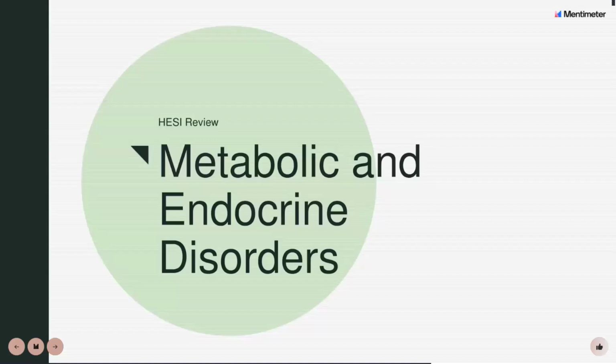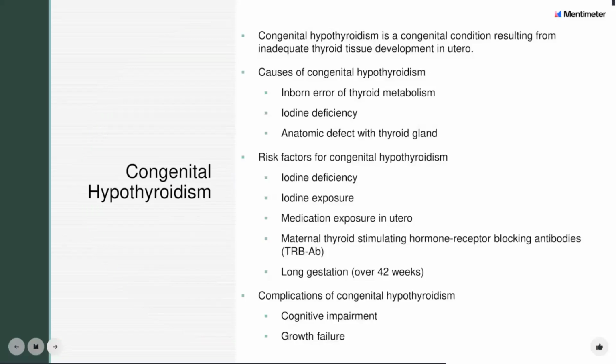So the last thing we have to review are metabolic and endocrine disorders. So like I talked about with hypothyroidism, we have inadequate thyroid tissue developing in utero. So we aren't secreting enough thyroid hormone or we're secreting too much. So with hypothyroid, we don't have enough. It can be an inborn error of metabolism. It can be an iodine deficiency, some sort of anatomical defect in that thyroid gland that's causing us to not secrete enough hormone.